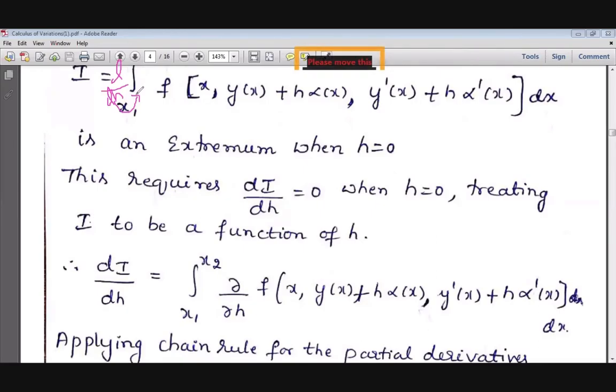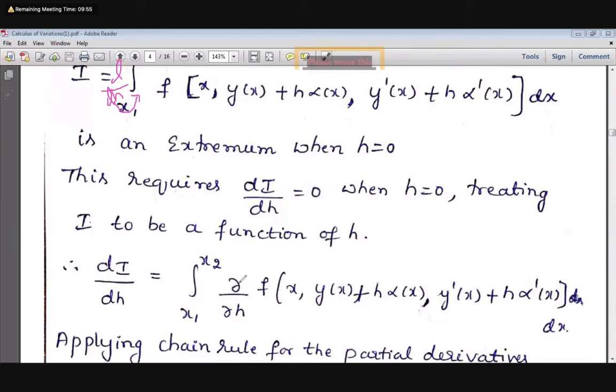Yes, partial derivatives. Ordinary differentiation, if you take it inside the integral sign, it will become partial derivatives. Okay, this is called differentiation under the integral sign using the Leibniz rule.